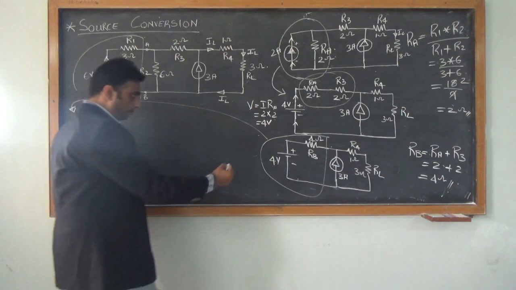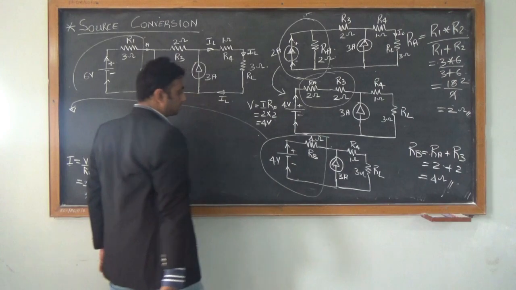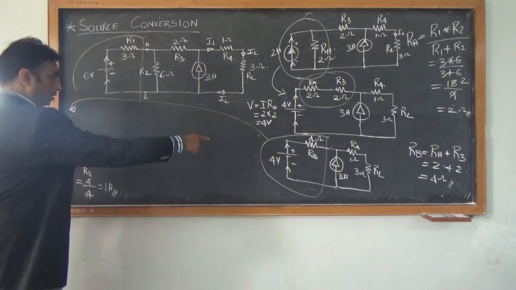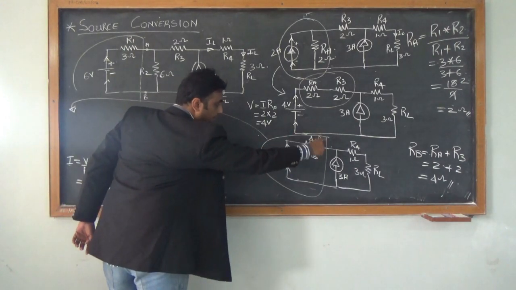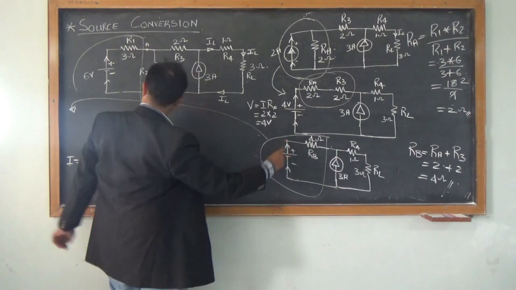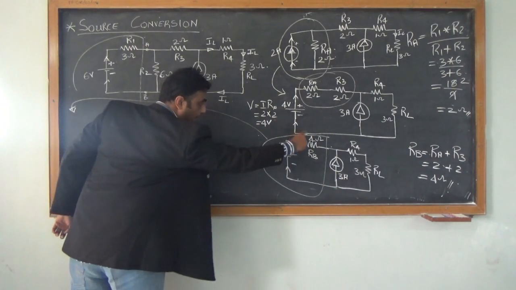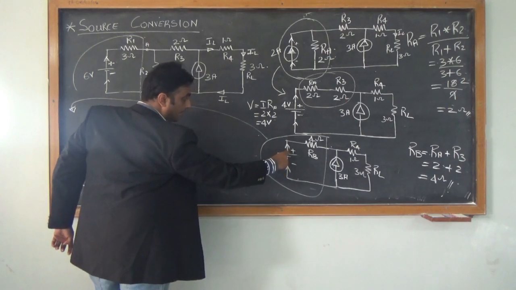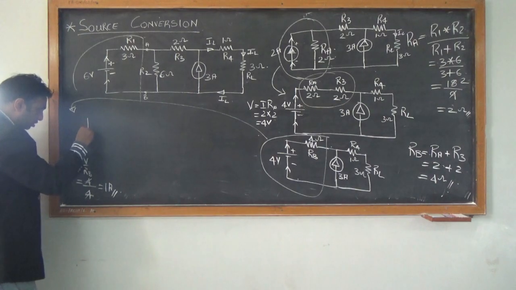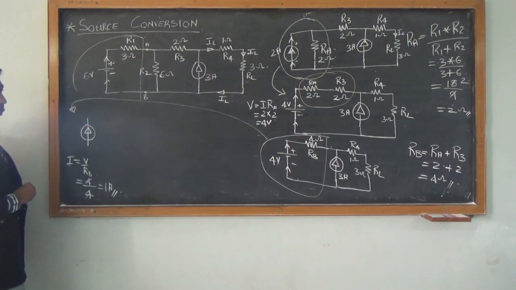Again, as I told you, your polarity decides what direction your current source will follow. The arrow is moving from down to top because current moves from positive to negative. So this will be the same direction my current source also will take. So the current source also will take the same arrow, that is from down to top.